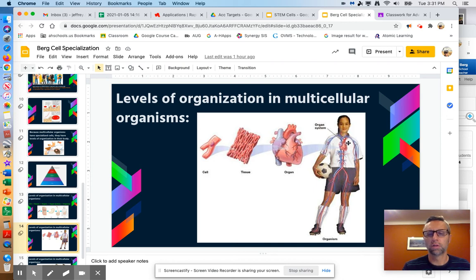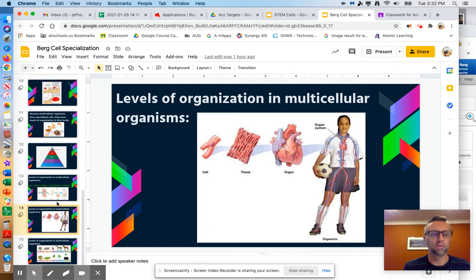And if we took the circulatory system and the skin system and the skeletal system and the immune system and all the other systems in the body and pulled them together, they make up this soccer player. And that would make them an organism.